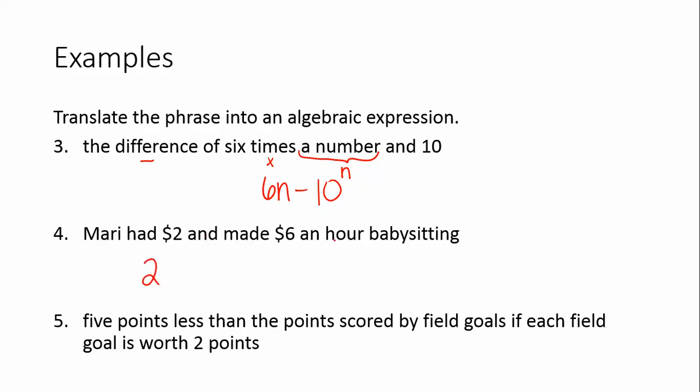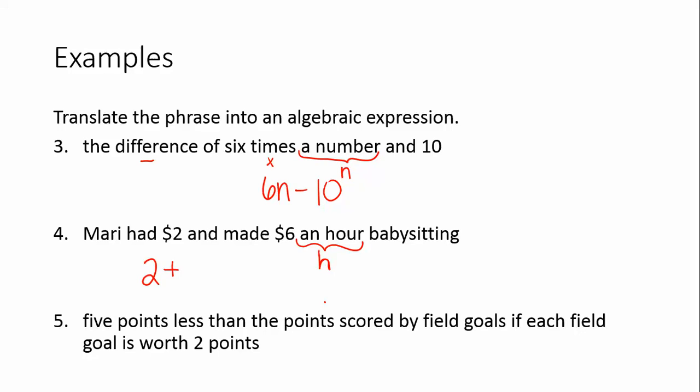And she makes $6 an hour babysitting, so we need to add something to that, and "and" can oftentimes mean addition. If she makes $6 an hour babysitting, what don't we know? Well, we don't know how many hours she actually babysat, so our variable is going to be H for the hours that she babysits.